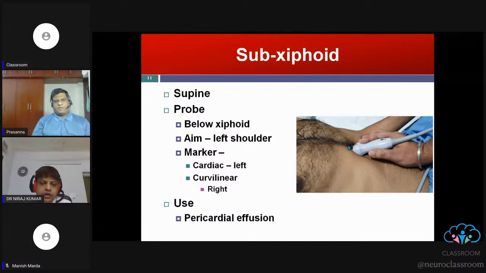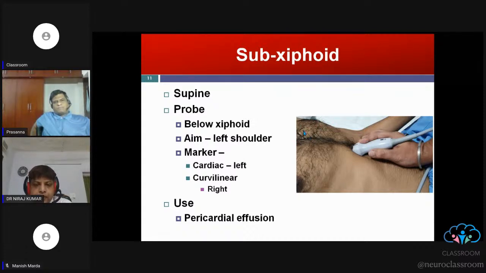So the main application of this subcostal view is to see the pericardial effusion. And there is also a concept of ultrasound guided resuscitation. That means if the resuscitation is going on, the clinicians are doing CPR at this stage.